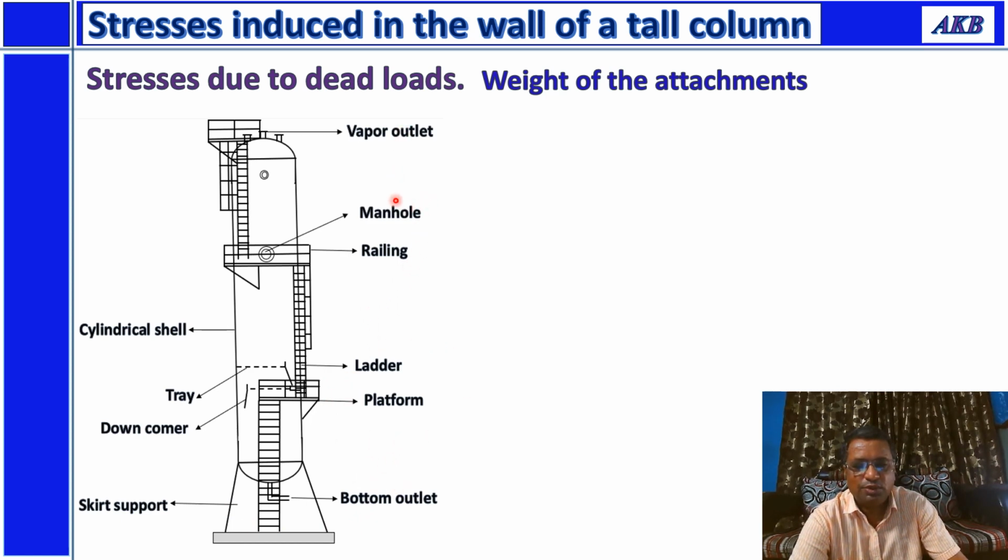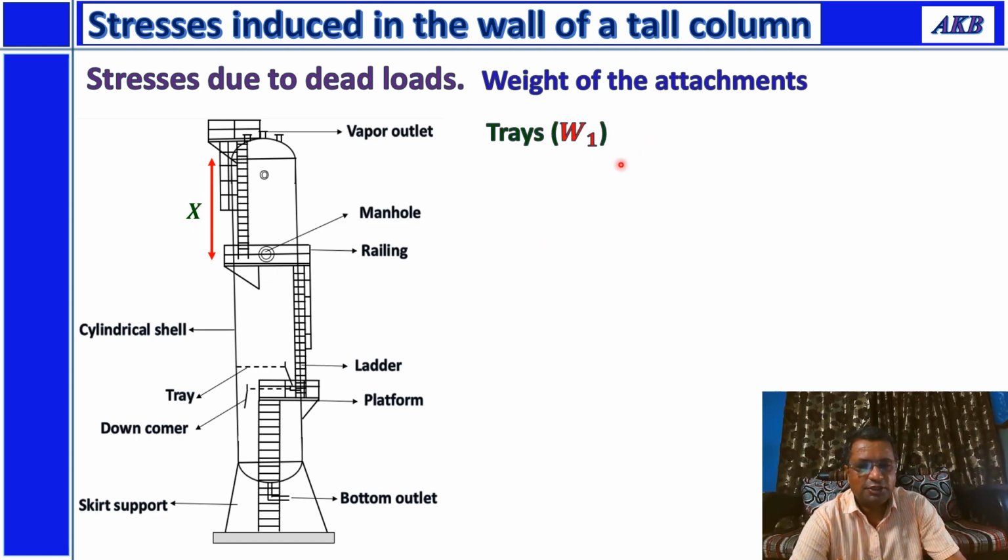So you have vapor outlet, manhole, railing, ladder, platform. All these are attachments. So you also have to consider the stress that will be induced due to the weight of these attachments. Again, for our analysis, we are going to consider a distance of x from the top.